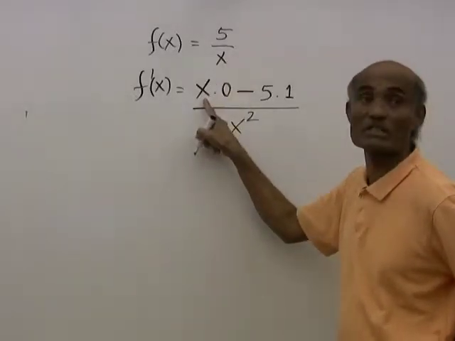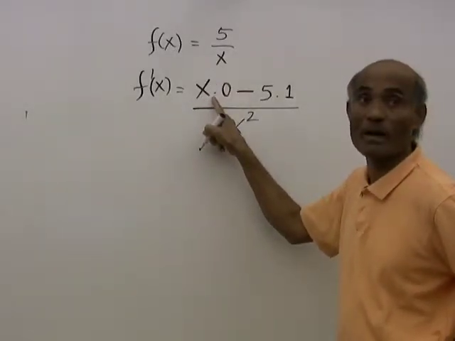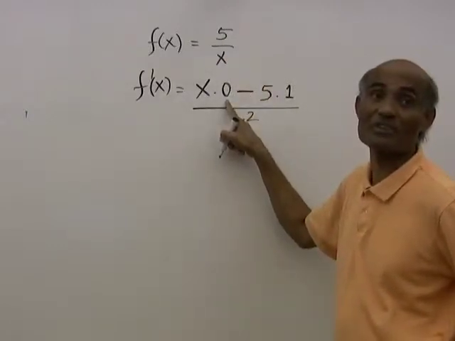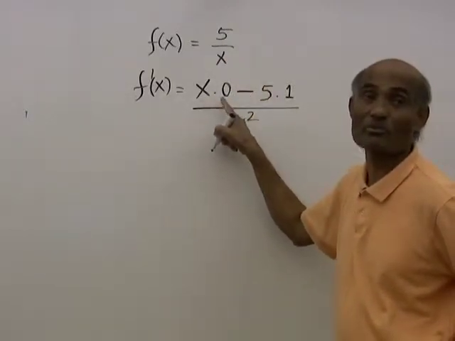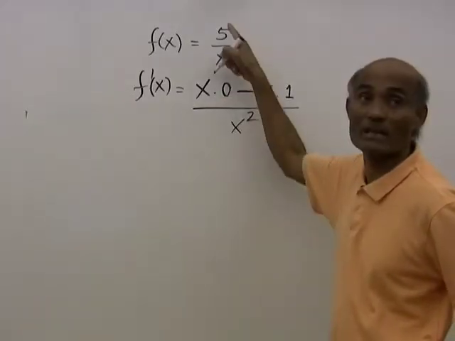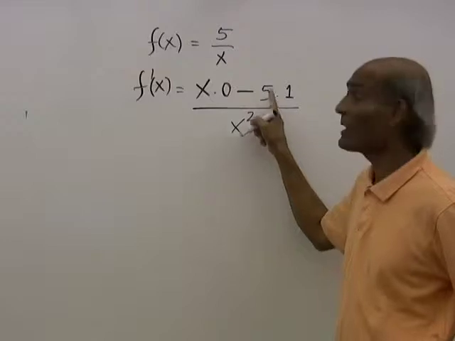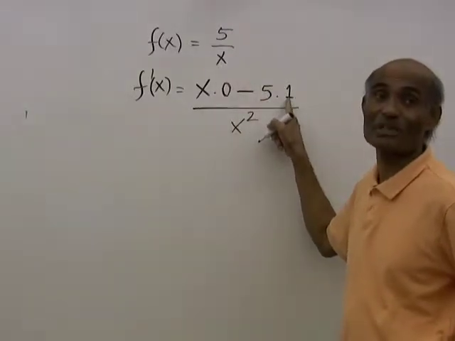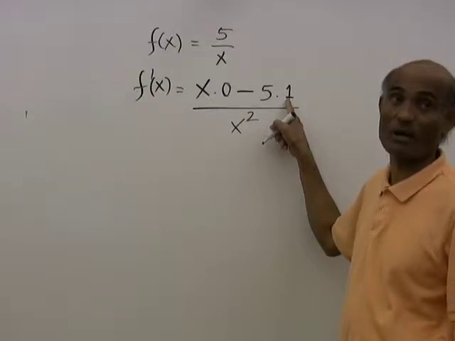So, denominator multiplied by derivative of the numerator. Derivative of a constant is 0. So, x multiplied by 0 minus numerator multiplied by derivative of the denominator. Derivative of x with respect to x is 1.